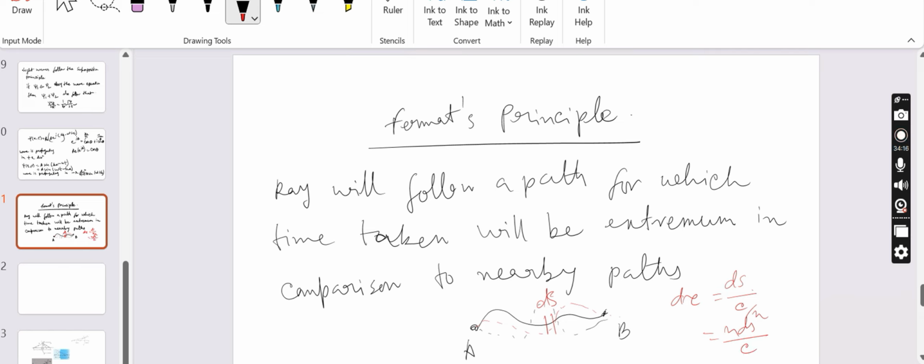So for the whole path, tau will be the integration of n ds by c.